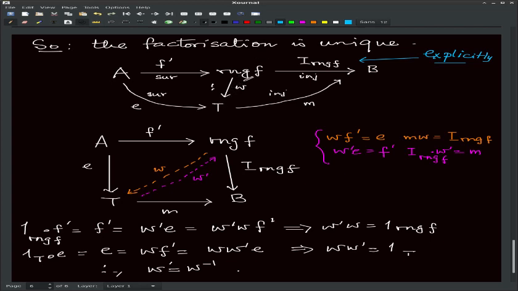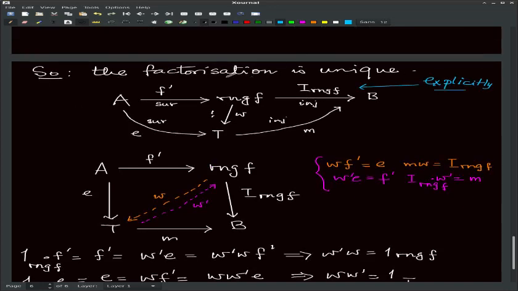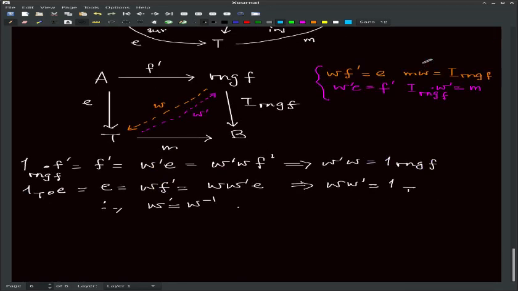So what is the end story? The end story is, when we say this uniqueness, this uniqueness is only up to the property.